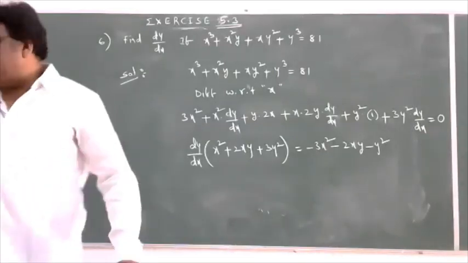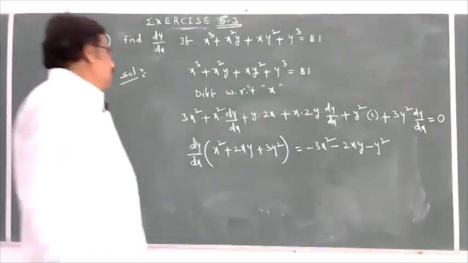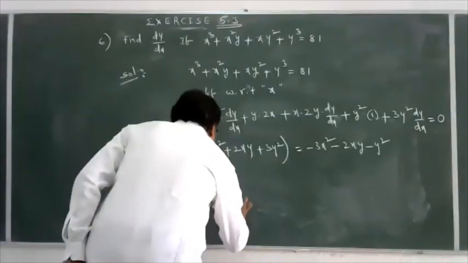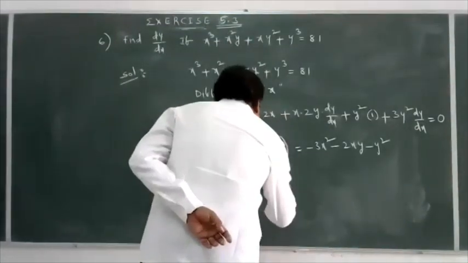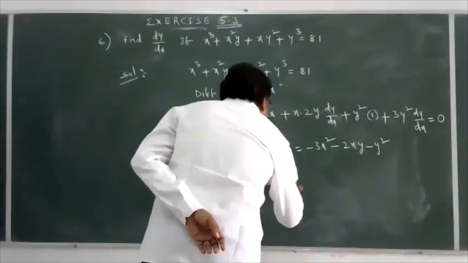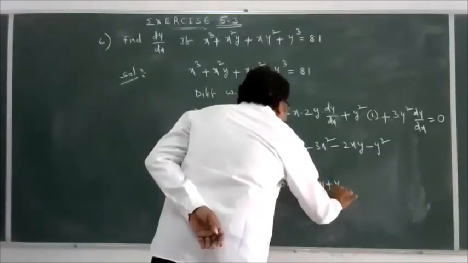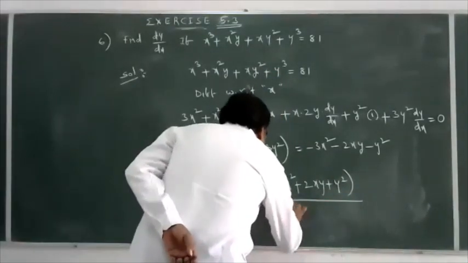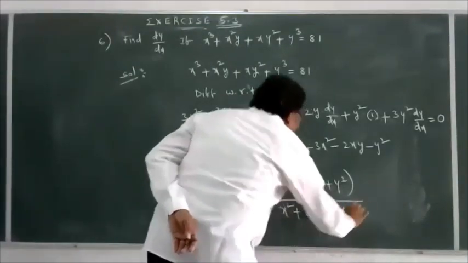You take dy by dx common, and the remaining terms go to the RH side. So here dy by dx is equal to, minus is common, minus of 3x square plus 2xy plus y square by x square plus 2xy plus 3y square.